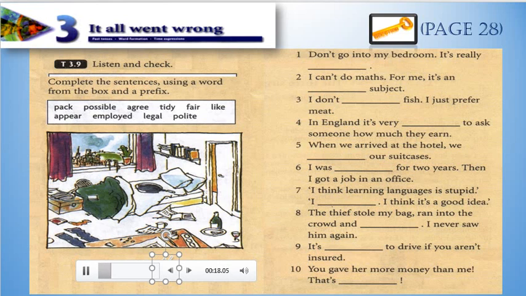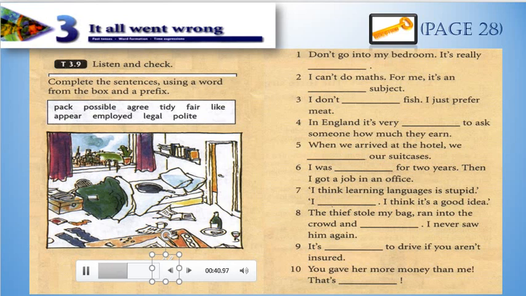Impossible. 3. I don't dislike fish. Dislike. I just prefer meat. 4. In England, it's very impolite to ask someone how much they earn. Impolite.